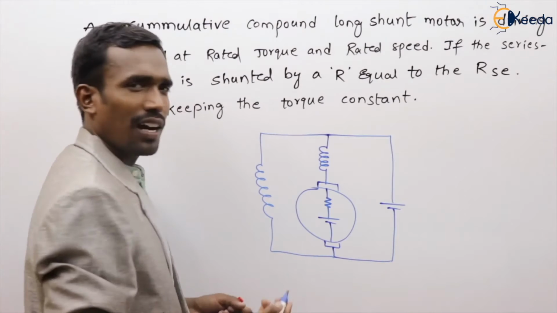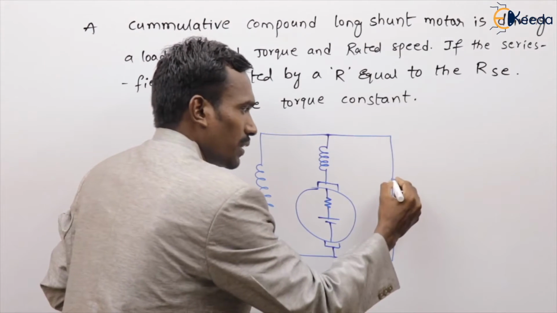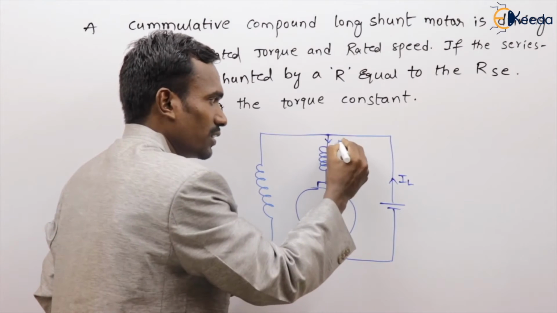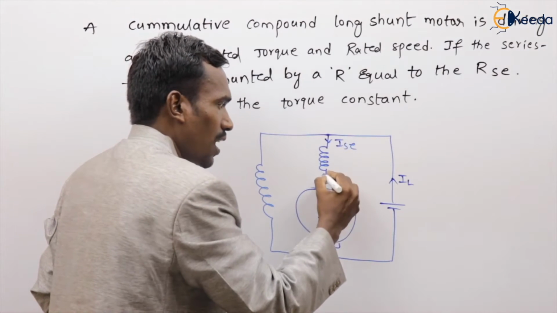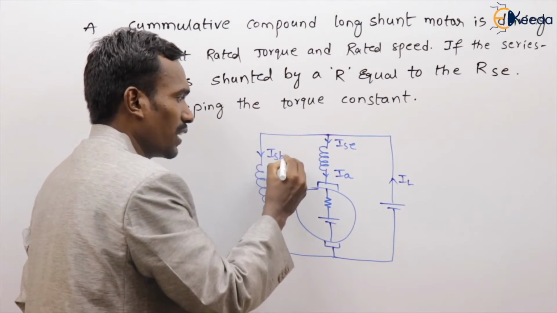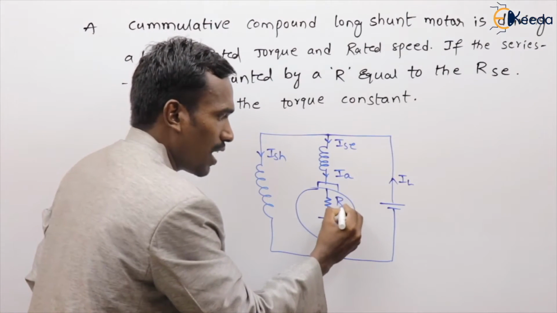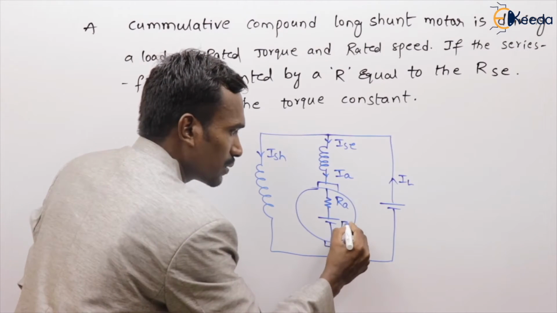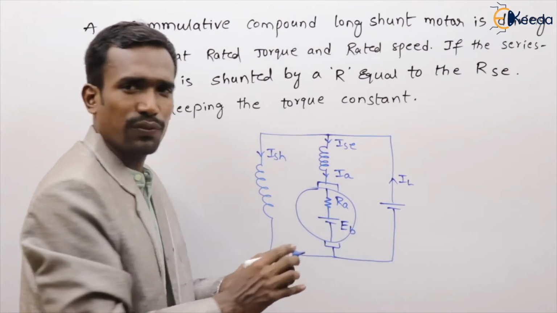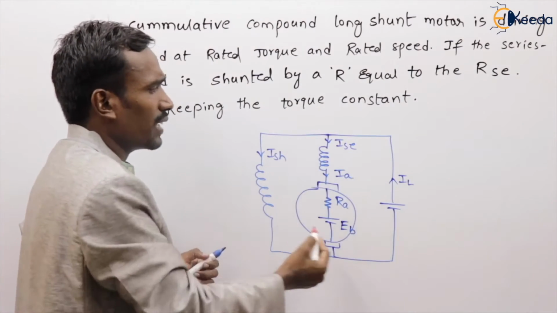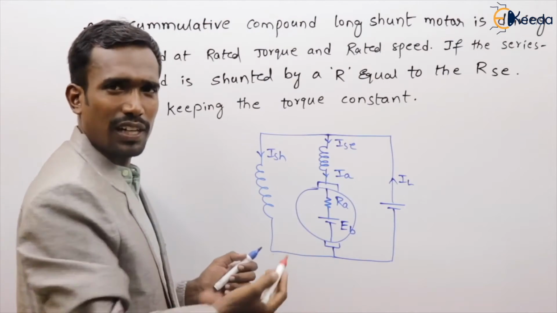So this is my long shunt motor. The motor takes current from the supply. This is Ise, and this is my armature current, this is my shunt field current, this is my armature resistance, and this is my back EMF. So this is my cumulative compound motor.